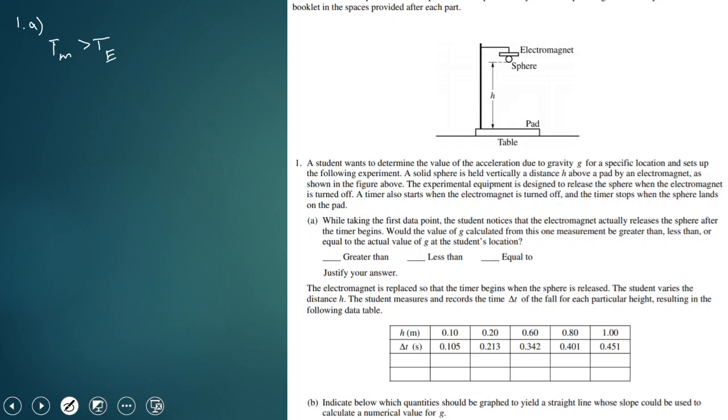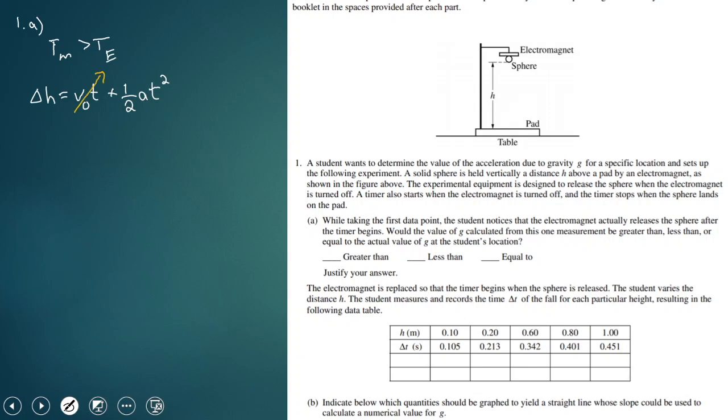And so if you recall our kinematics expression for freefall, delta H is equal to V naught T plus 1/2 A T squared. And so our V naught T portion gets canceled out because we're at rest initially.